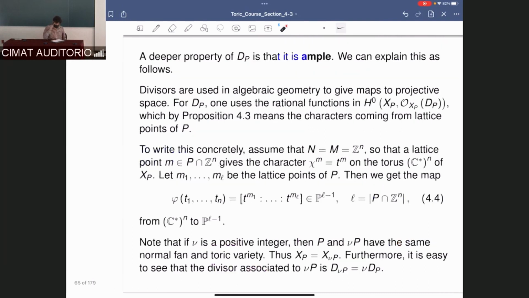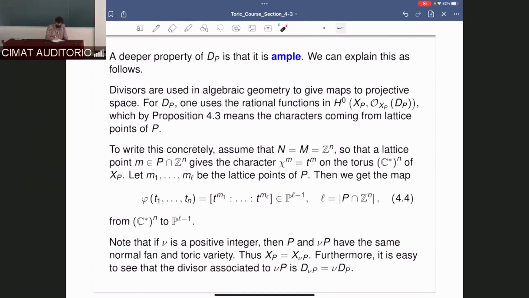But what is that for anyway? So this property of ampleness, we can use divisors in algebraic geometry, commutative algebra, and other subjects. When we deal with a variety, we use divisors to produce maps to projective space. This is the idea.